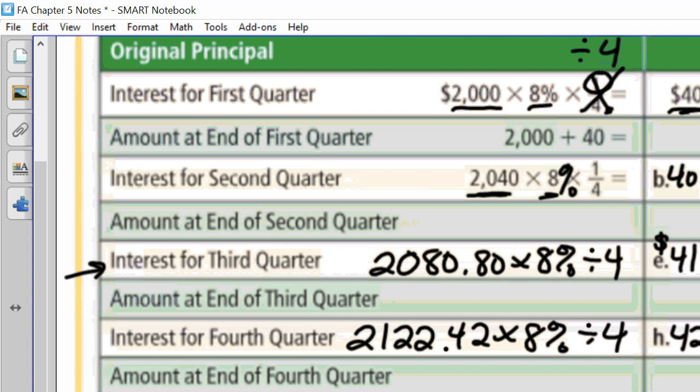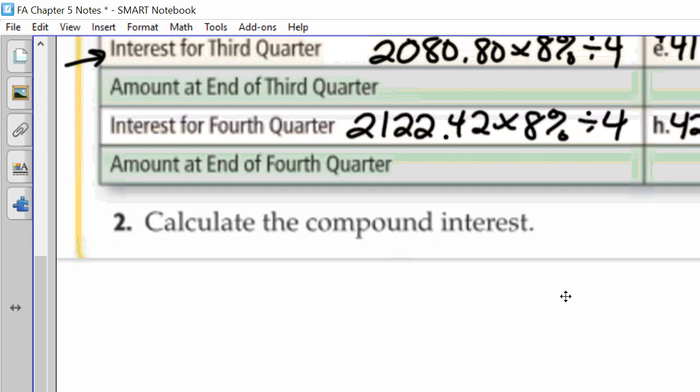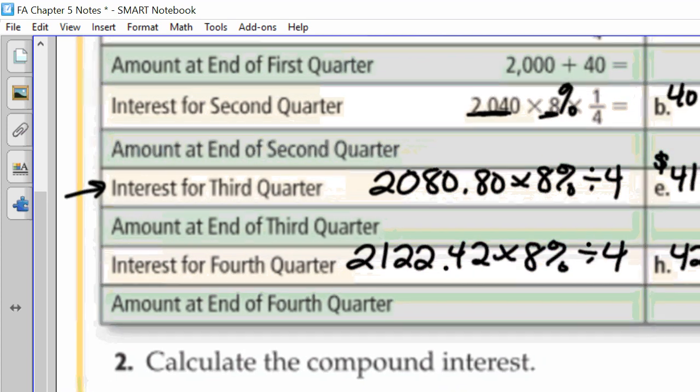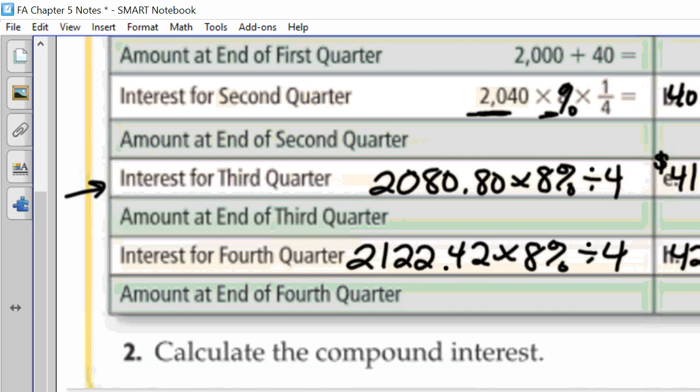And then, Noah, you're going to add those two together for us. $2,122.42 plus $42.45. $2,184.87.